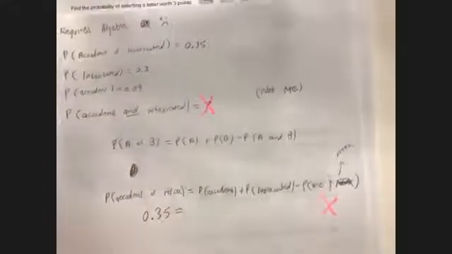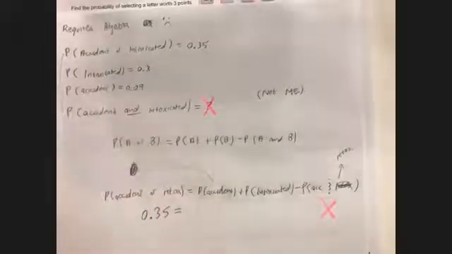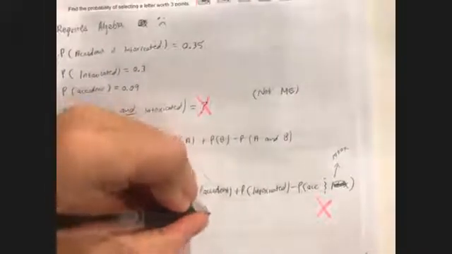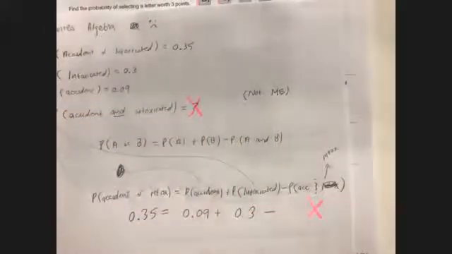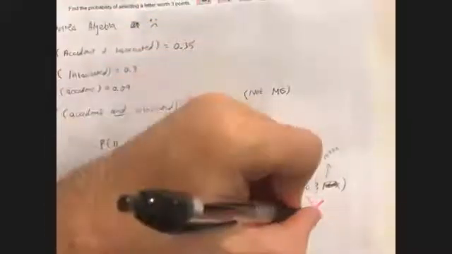The probability of an accident is 0.09. The probability of intoxicated is 0.3. And so this is our variable X right here.